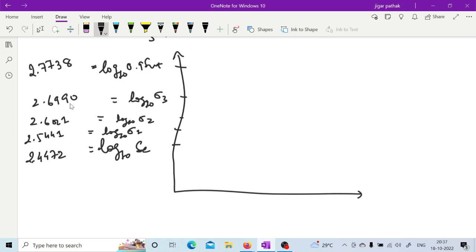Then we have to calculate N1, N2 and N3. So calculate N1, N2 and N3.